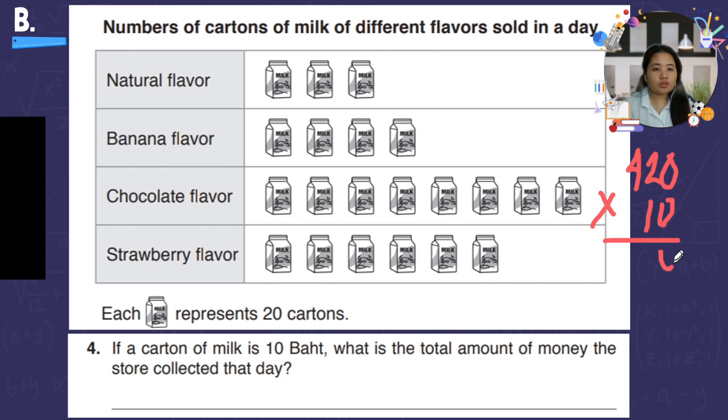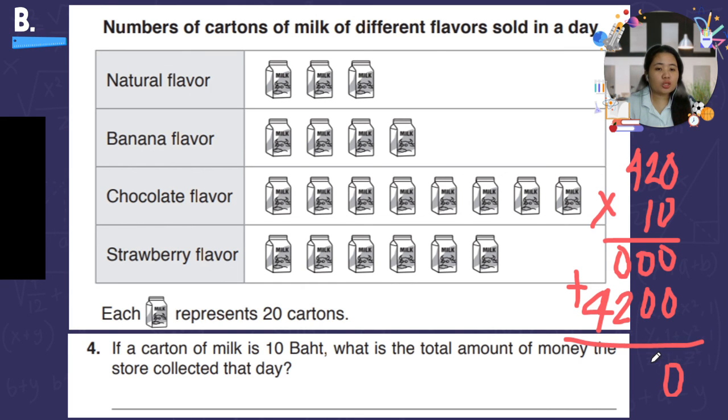Okay, so 0 times 0, 0, 0 times 2 is 0, 0 times 4 is 0. Then 1 times 0 is 0, 1 times 2 is 2, 1 times 4 is 4. Then you have to add. Then 0 plus 0 is 0, 0 plus 0 is 0, 0 plus 2 is 2, then bring down 4.